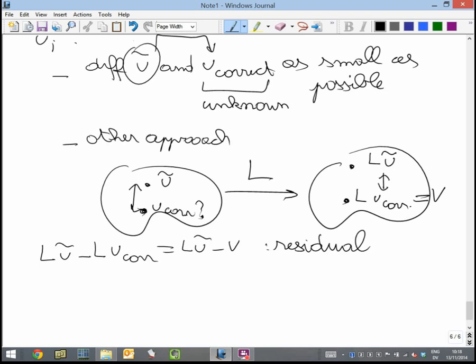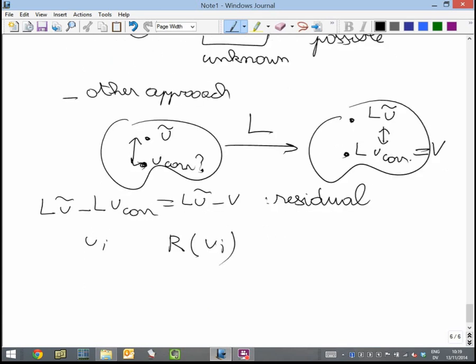So here we have our residual. In this case, we don't really have any unknowns apart from, of course, our expansion coefficients U sub i. So we can calculate our residual R completely as a function of our unknown coefficients that we're looking for, the U sub i's.